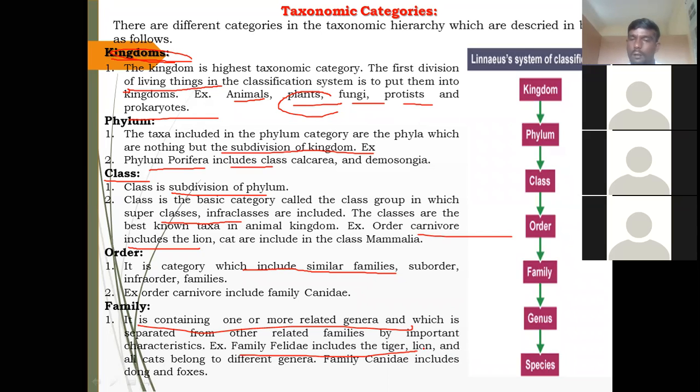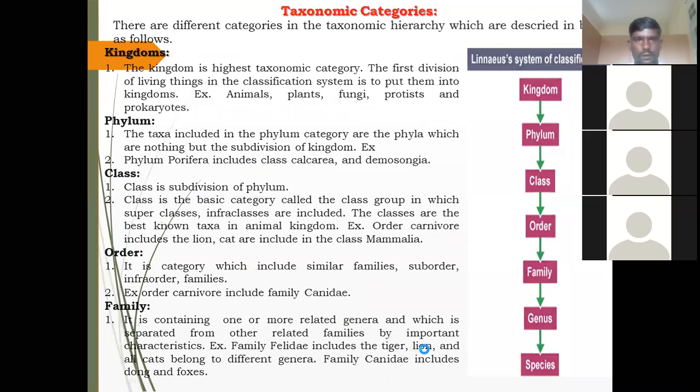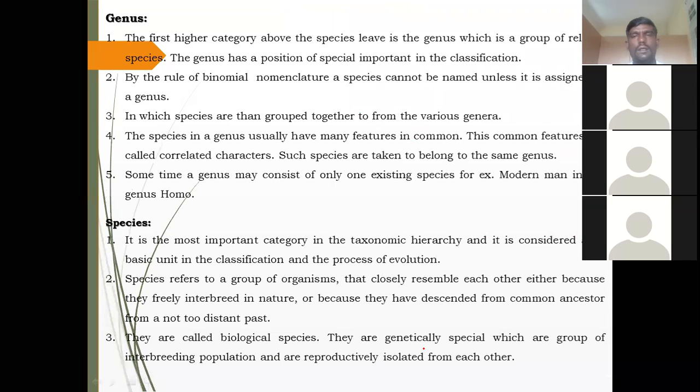These are different, but they have similar characteristics, similar habitat. They are carnivorous, you notice. They are eating other living organisms. They can eat, they kill others and eat, but they belong to different genera or genus. These are the differences between your genera. Okay. Next important, that is genus.